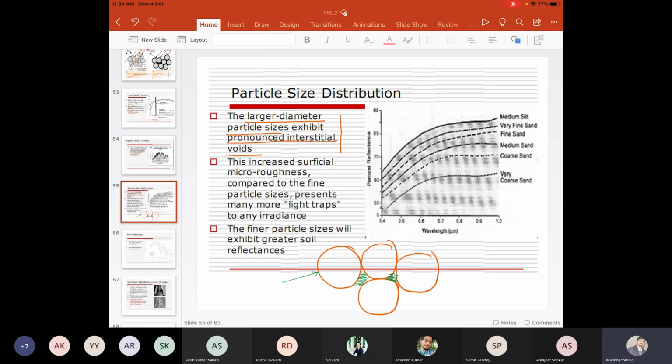Okay, kindly let me know. Right now I'm at slide number 55. Yes, sir. Yes, sir. It's visible now.